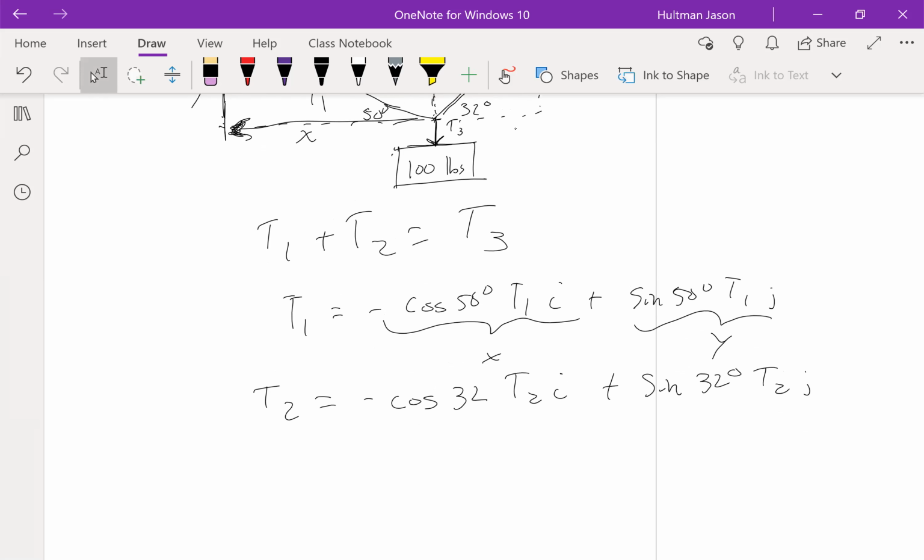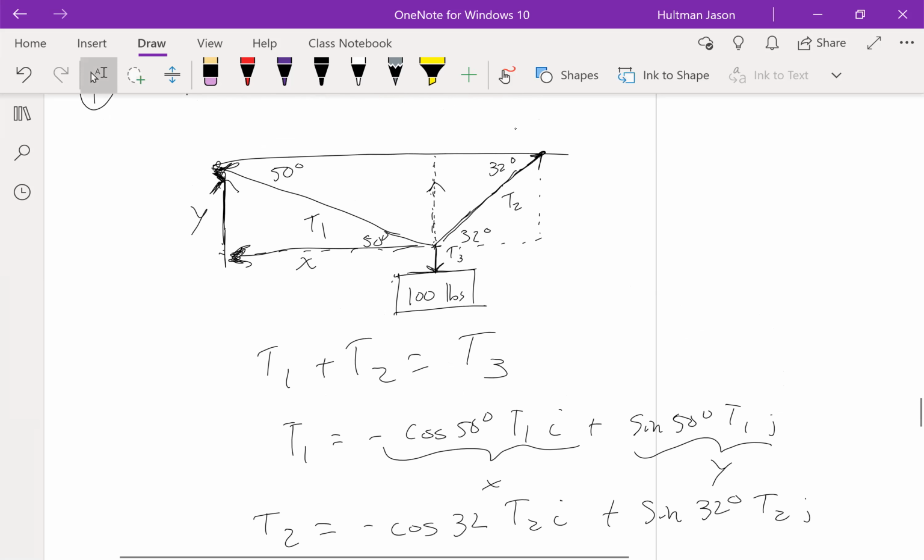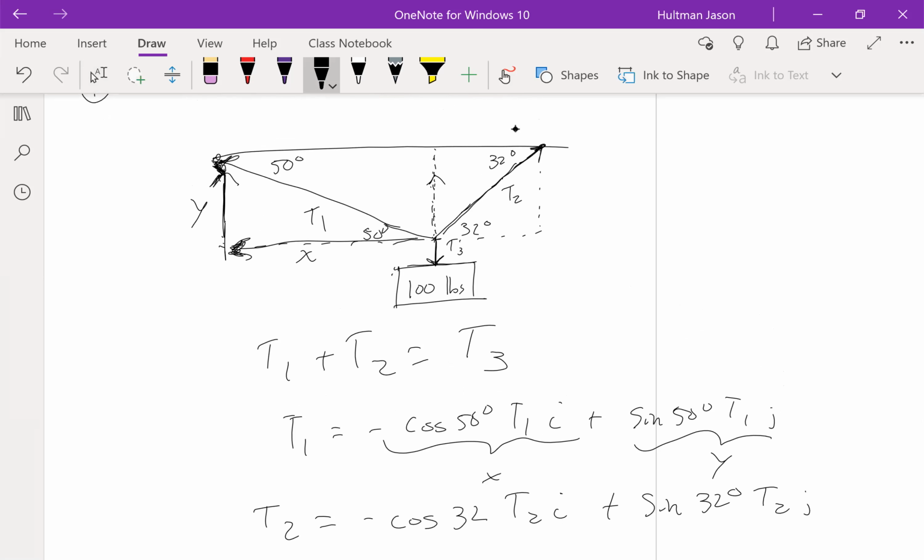Notice that the X for T1 and the X for T2 have to be equal to each other, because it's not moving in the X direction. What's going on in this direction has to be equal to what's going on in that direction, because it's in equilibrium.